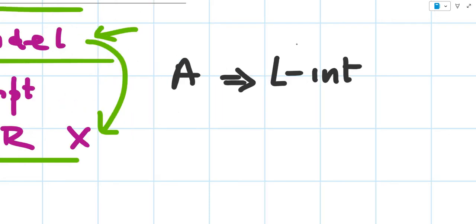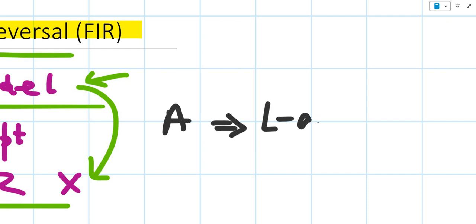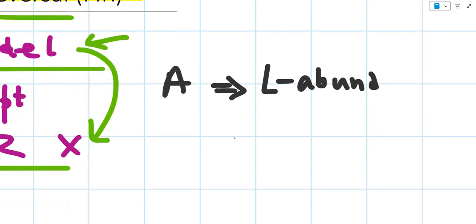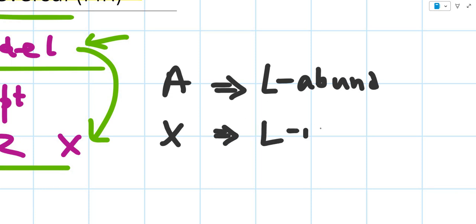Let me correct that. A is labor abundant. Again, if you could identify that, write it down in the comment section below, I'd be so happy, because that means you are focusing on the lecture. So let me assume that A is labor abundant and X is labor intensive.